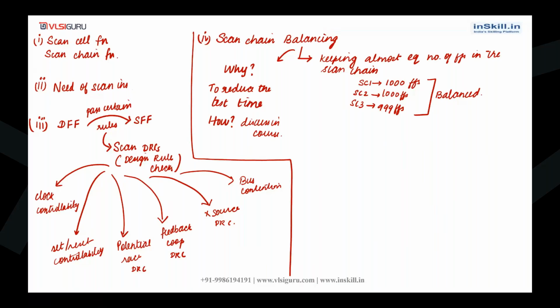Okay, now in order to achieve scan chain balancing, we again have to adopt certain techniques called edge mixing and domain mixing.